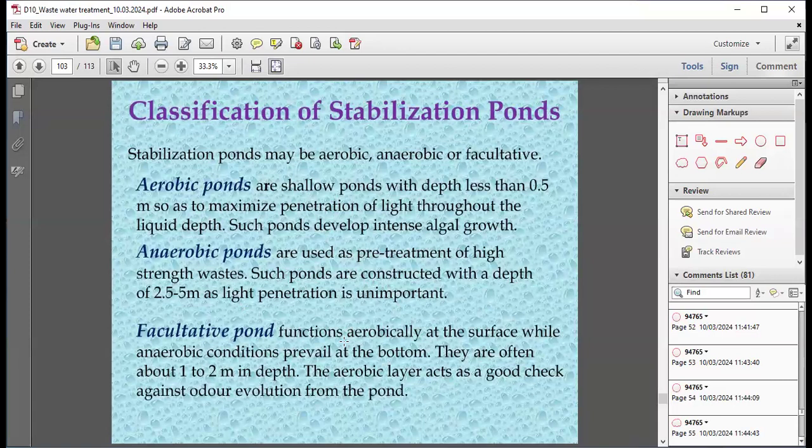Facultative ponds function aerobically. Simply you have to memorize the aerobic and anaerobic conditions, right? Ponds, anaerobic bacteria, aerobic bacteria, right?